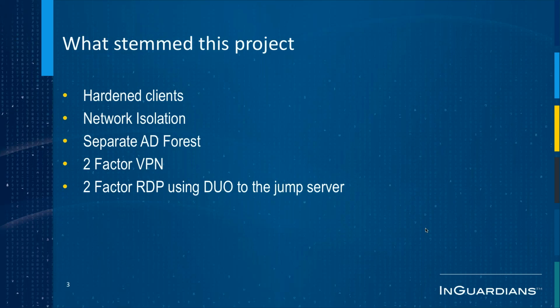We also came across one of our clients that was pretty locked down. They had a two-factor VPN, and they were using two-factor RDP using Duo to the jump server. We'll talk about that later on.